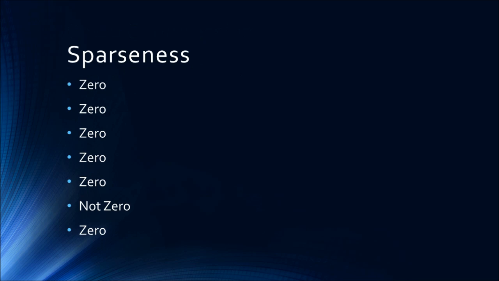To do that, we have to understand something about sparseness. The first thing you need to know about sparseness is not much. Sparseness: most things are zeros, a few things are not zero. That's sparseness.